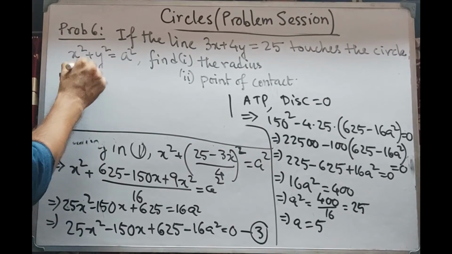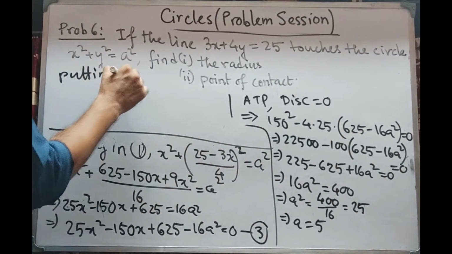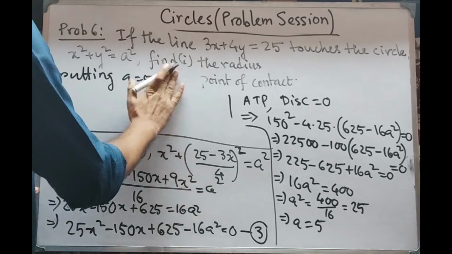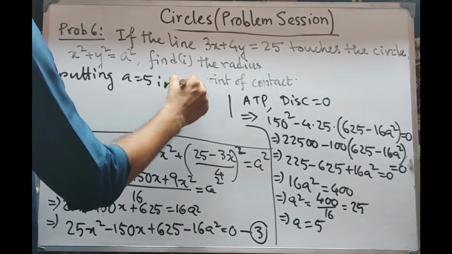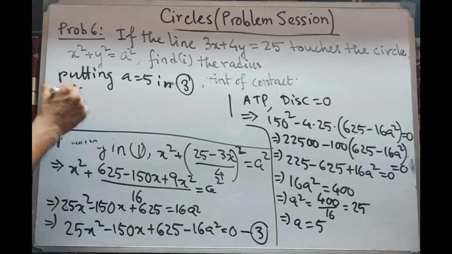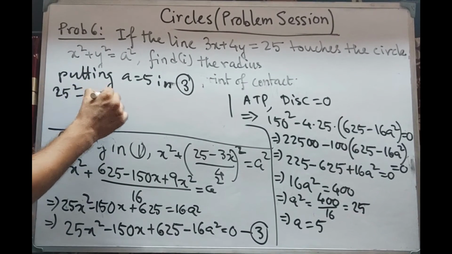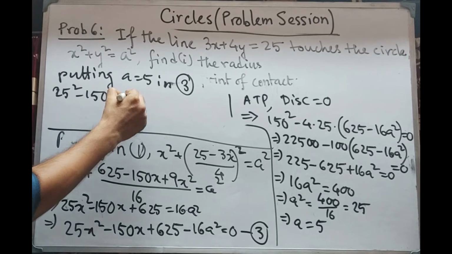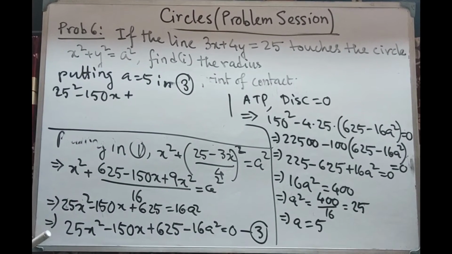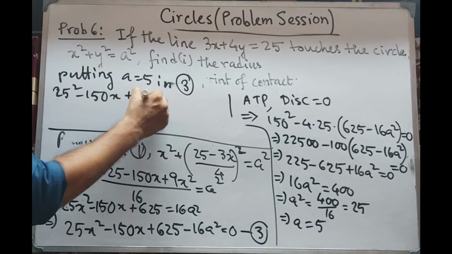So putting a is equal to 5 in that equation 3, we are getting 25x square minus 150x plus 625 minus 400, which is 16 into 25, that means 225 actually.